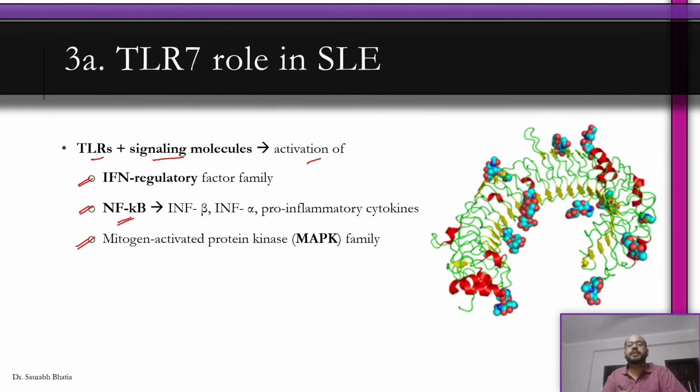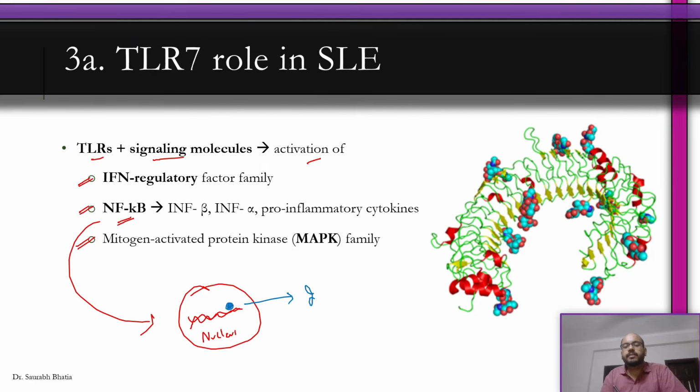Now, what NF-kappa B does is it goes inside the nucleus where you have the DNA, and when it attaches to the NF-kappa B response element, this leads to secretion of inflammatory cytokines. So what we are saying is that plasmacytoid dendritic cells activate toll-like receptor 7 and 9, and after activation they increase the NF-kappa B mediated inflammatory cytokine secretion.